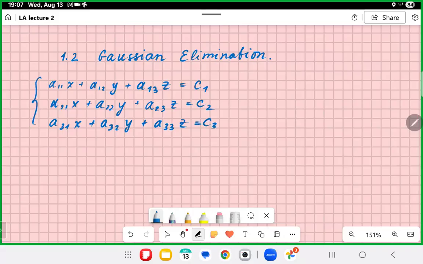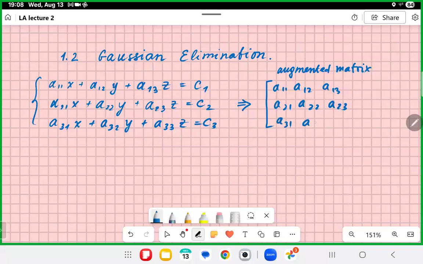So that's a system, right, which can be converted into an augmented matrix, which is going to look much, much smaller. So we have A11, A12, A13, A21, A22, A23, A31, A32, A33.